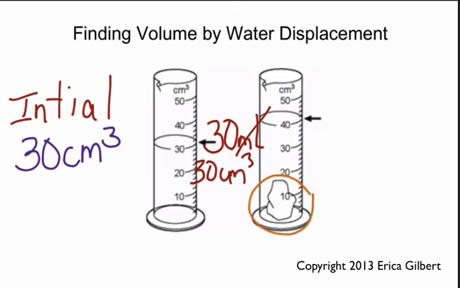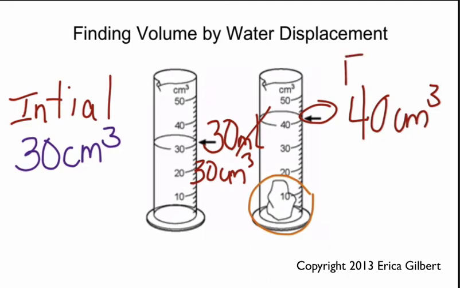So now that we've put the rock into the water, what we have here is a new volume. And so our new volume would be 40 cubic centimeters. Okay, so we call that our final volume. This would be our final volume.